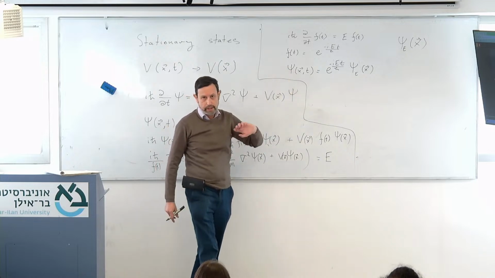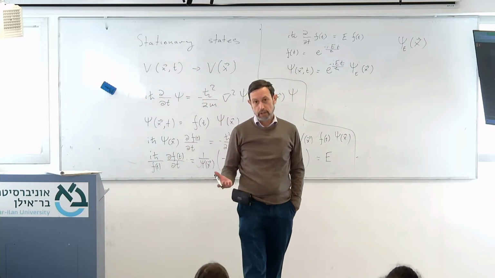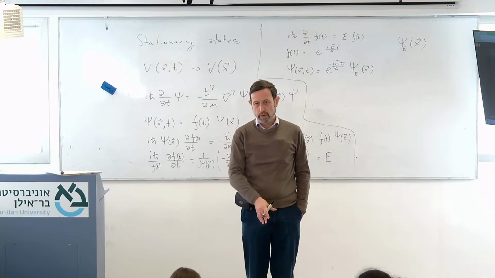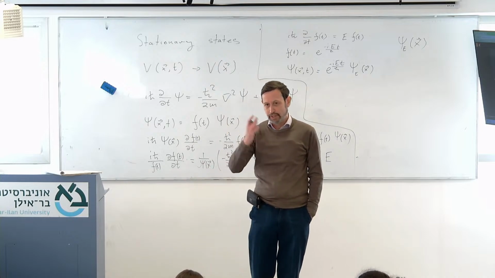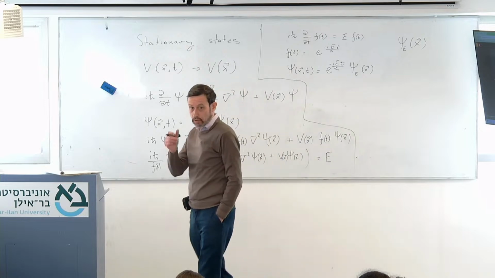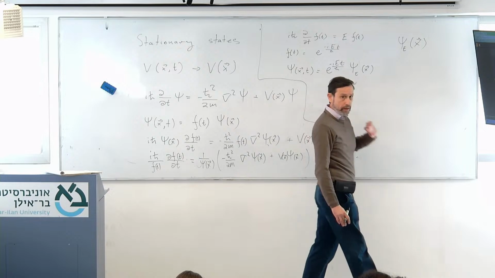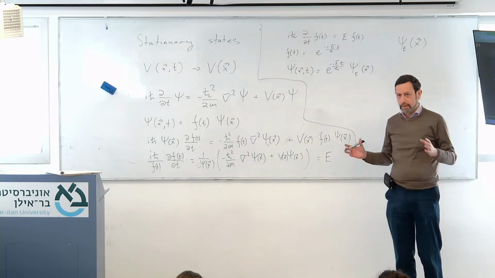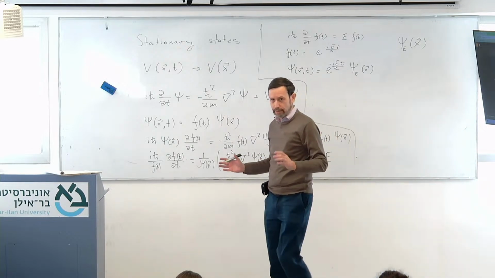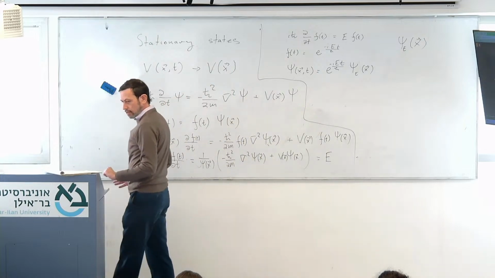But once you have a stationary potential, it doesn't matter if it's a square well, a harmonic potential, or a hydrogen atom, for all these problems the time part is simple because these potentials don't depend on time.